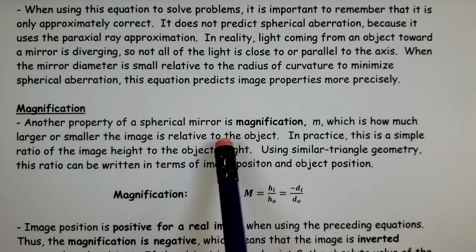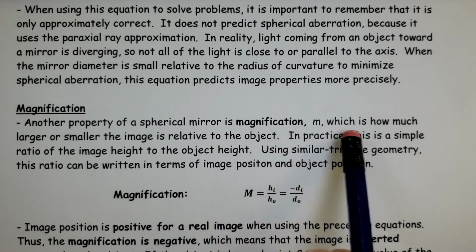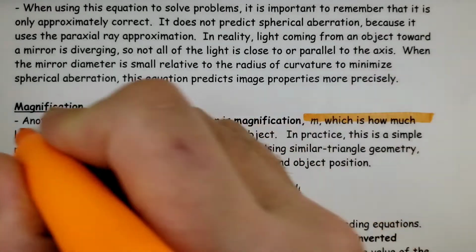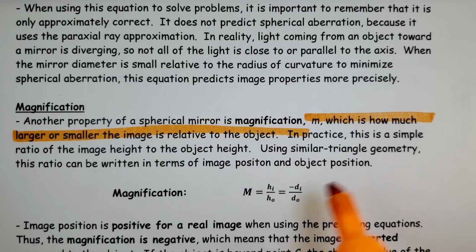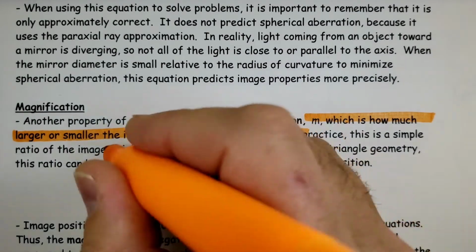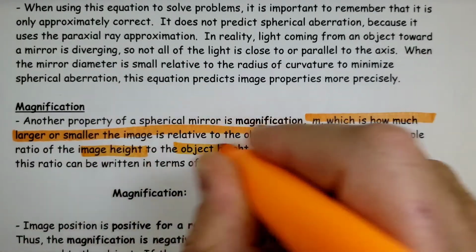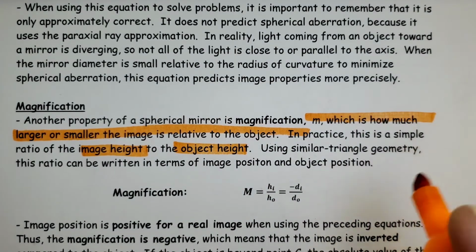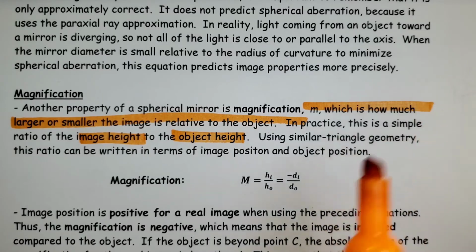Magnification, another property of spherical mirrors, is how much smaller or larger the image is compared to the object. In practice, this is a simple ratio of image height to object height. If we looked at similar triangle geometry, we could see that it works for distance as well.